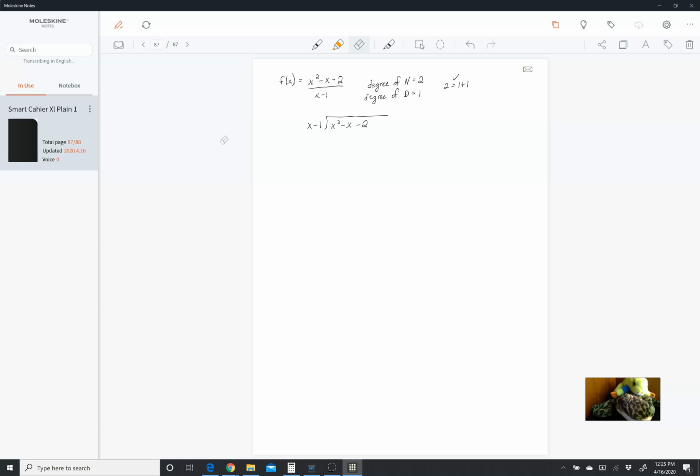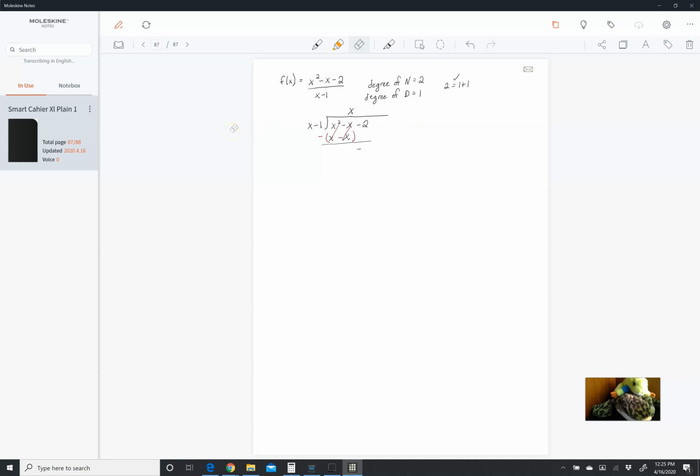X goes into x squared, x times. Then we wind up with an x minus x here. And this cancels, right? Both of these actually cancel. So all that we're left with down here is just a negative 2, and we're done.